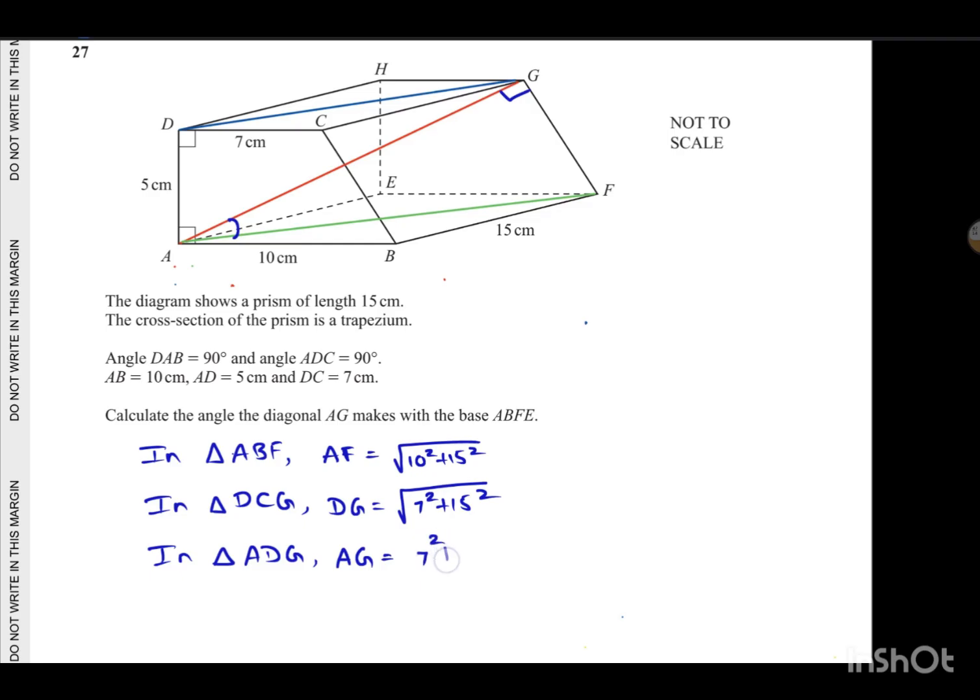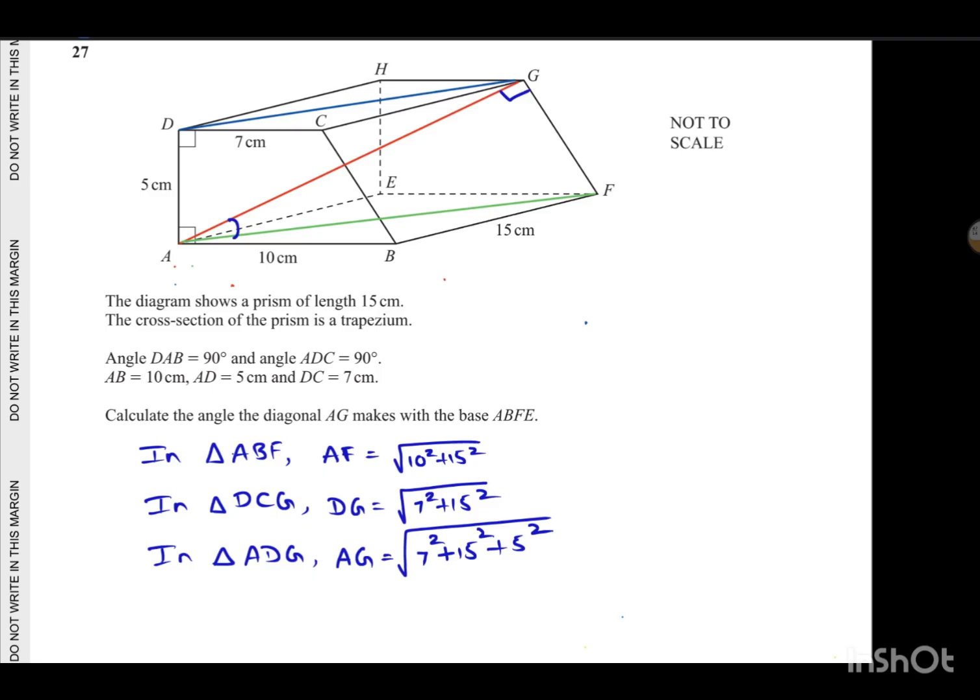Because this is DG, one of the perpendicular sides, and the other perpendicular side is 5. So take the square root of that. We got AG now, and we know AF also.